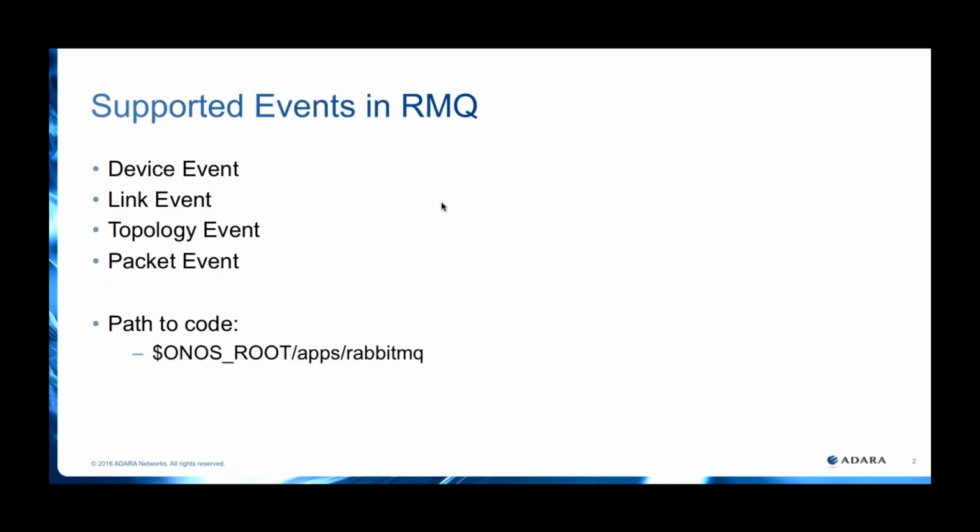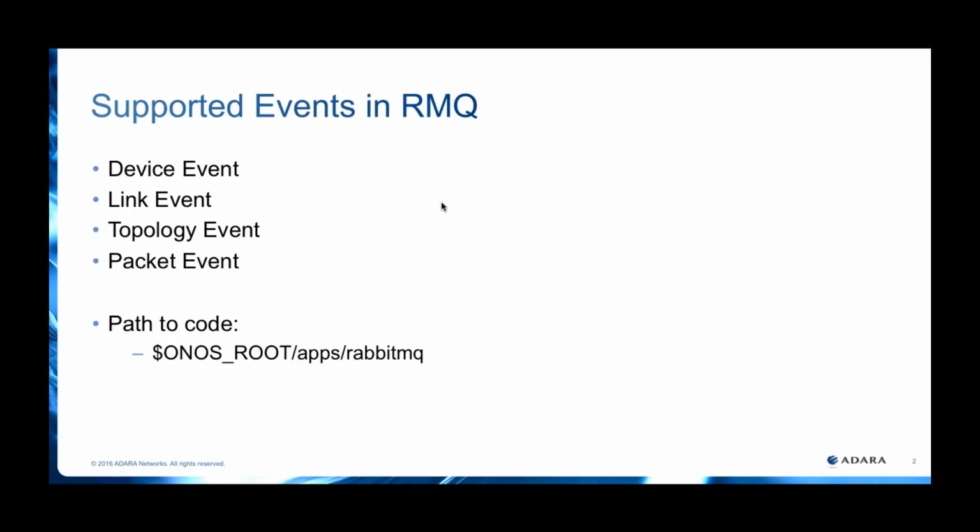So this fits into the existing framework of ONOS. And this module registers with the event subsystem for different kinds of events that we are interested in. So at the first cut, we thought these 4 event types are what are mostly useful for external applications. Nevertheless, we can extend the supported events if we later feel there is a need for more events.